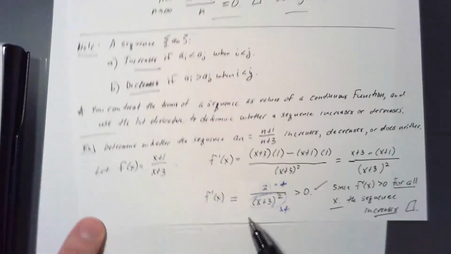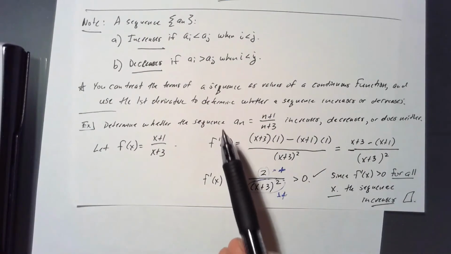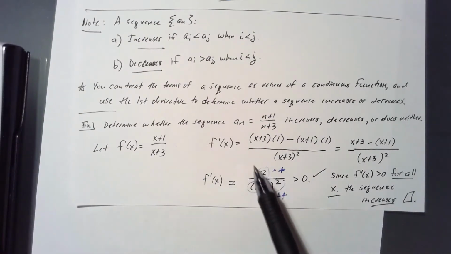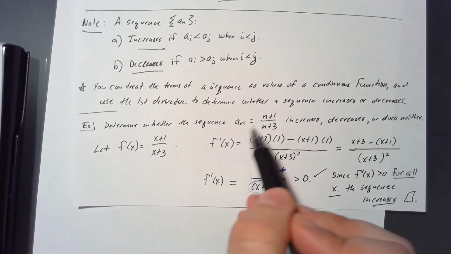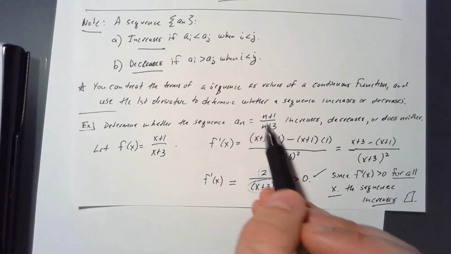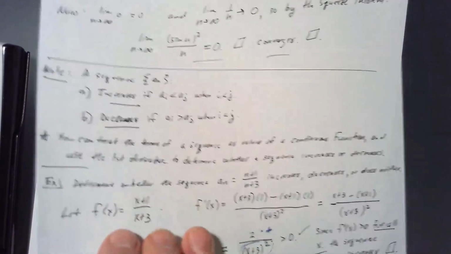sometimes this technique that we just did, where we take the derivative of a function and see if it's positive or negative on the values of x, sometimes you can't do this depending on the sequence you're given. If you're given a nice sequence, like a nice function, then you could do it easily. But sometimes that technique isn't useful.